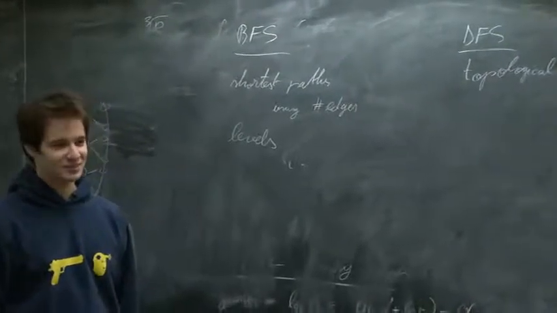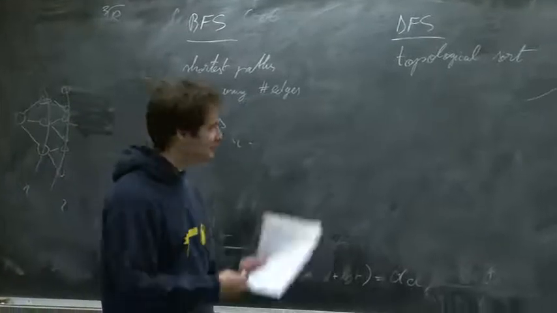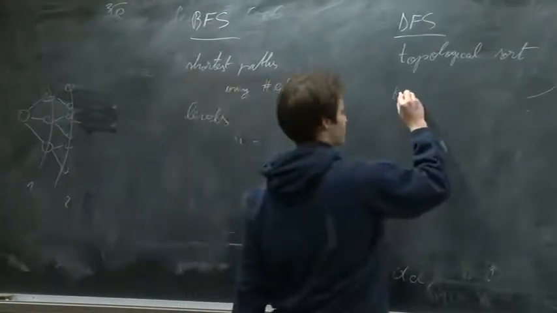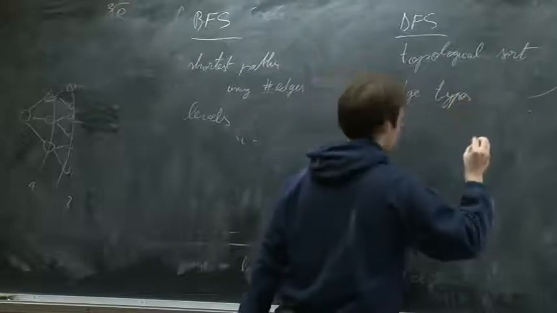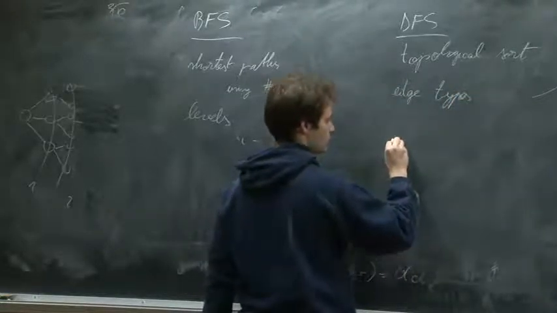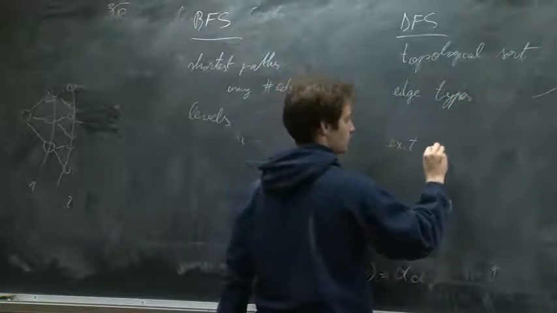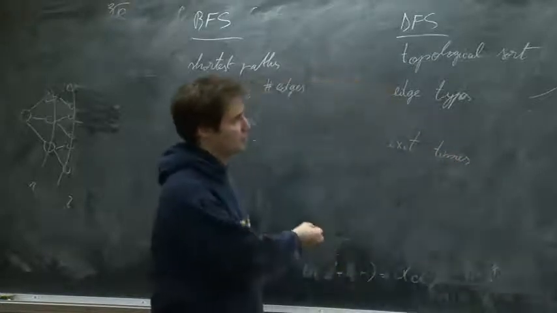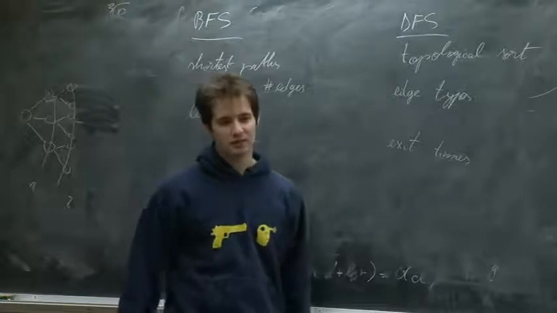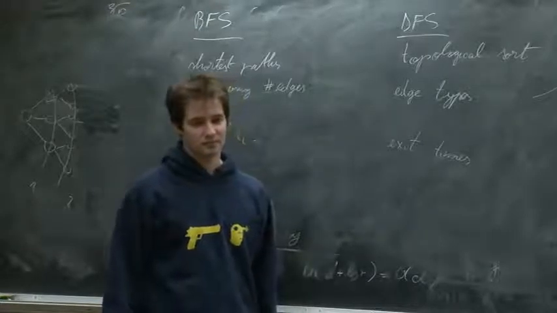A mess, right? It gives us edge types, and it gives us exit times. Exit times are useful for topological sort, right? Also gives us a tree.